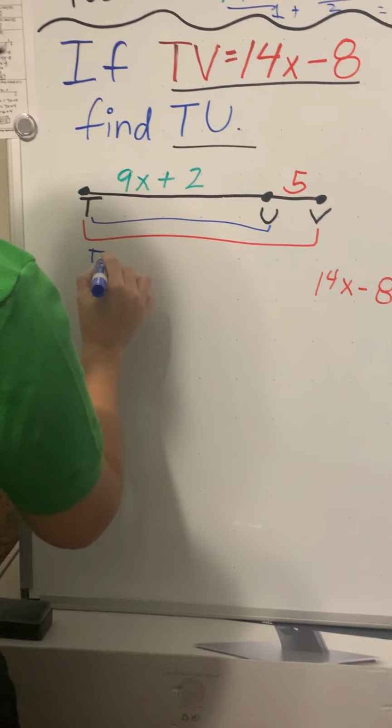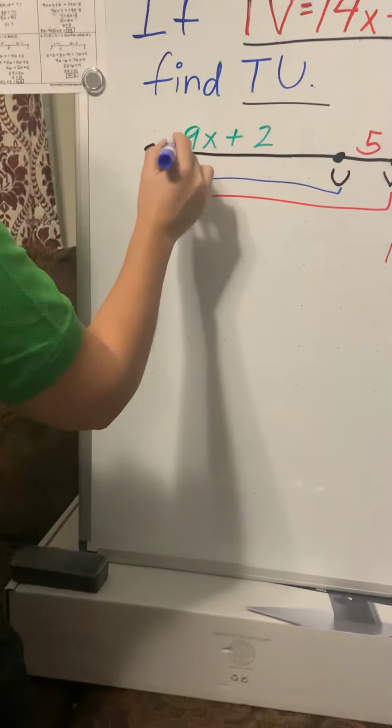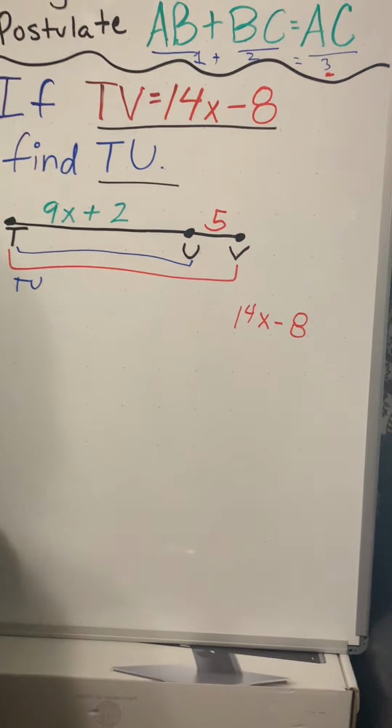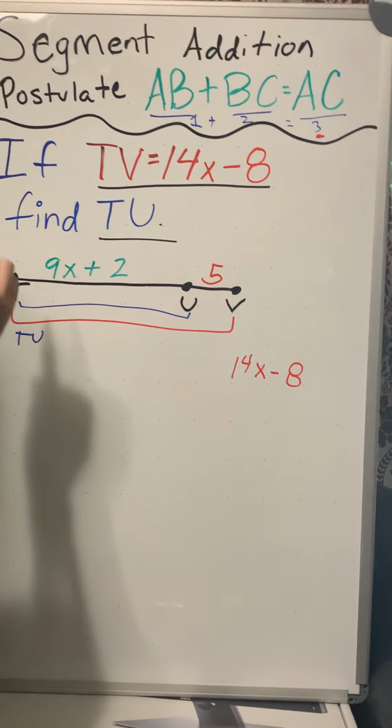So TU is labeled as 9x plus 2. TU is your part 1.